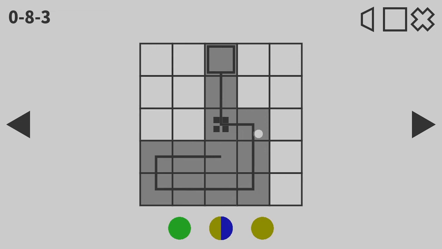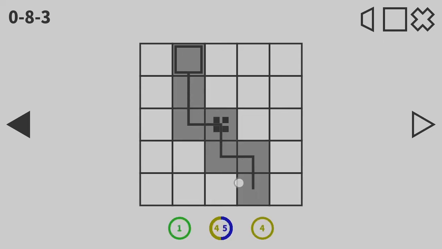4, 4. But shifting that along does not fix it.